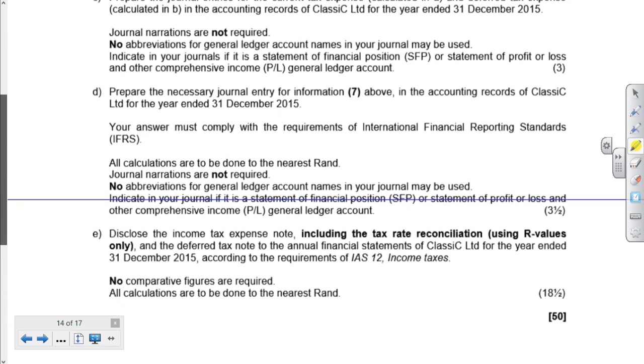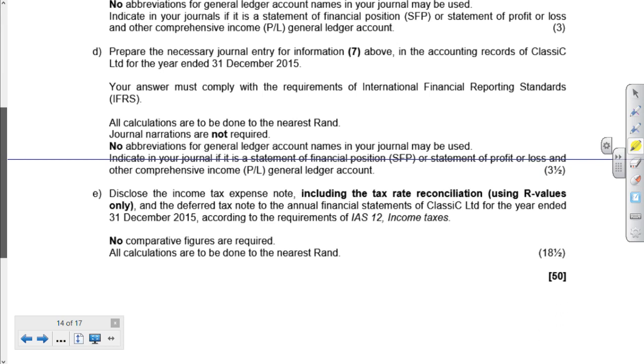And we're going to start E, which is the income tax note. We're going to be able to do the income tax note as I showed you on that one page, isn't it? Without this tax reconciliation, because we can't do the tax reconciliation yet, but we can do the rest.